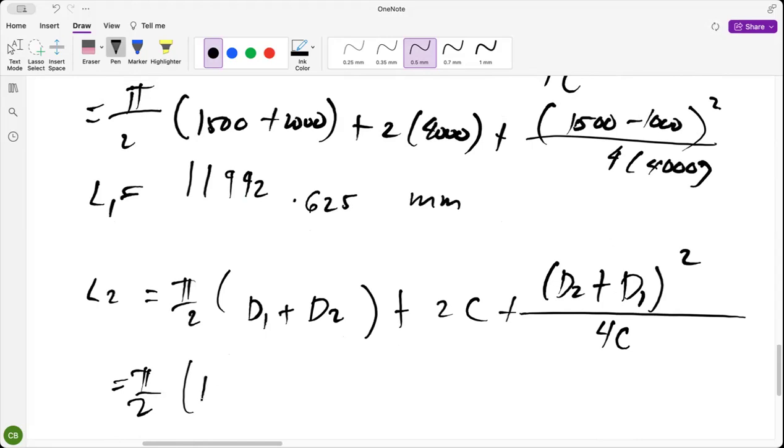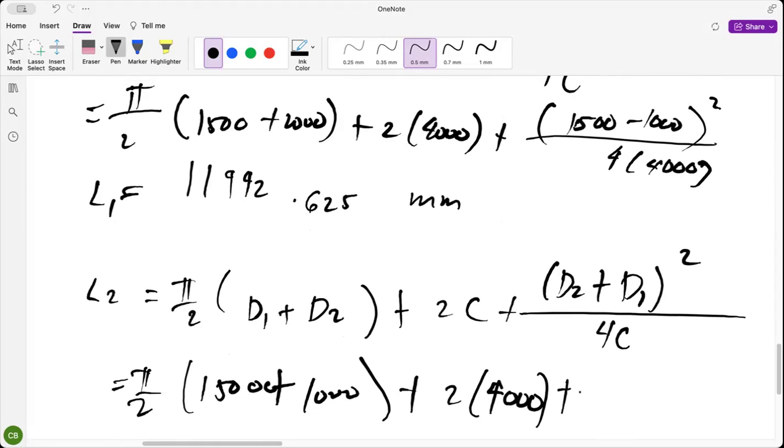Okay. So just copy this, 1 pi plus 1,000 plus 2 times 4,000 plus 1 5 plus 1,000 squared all over 4 times 4.